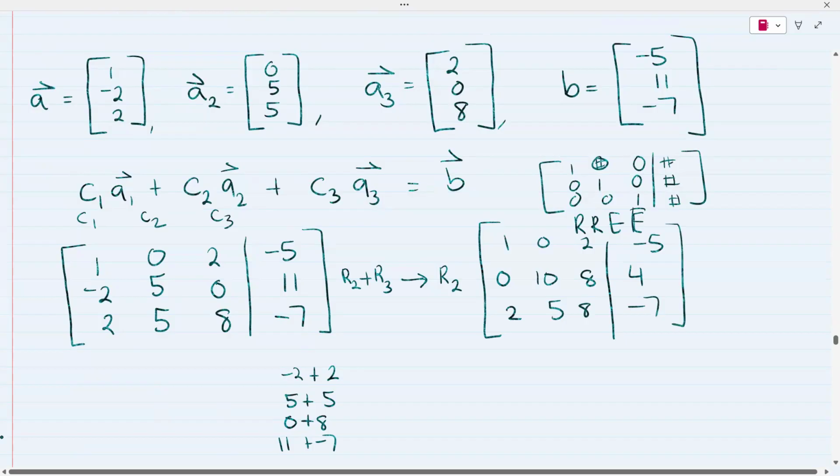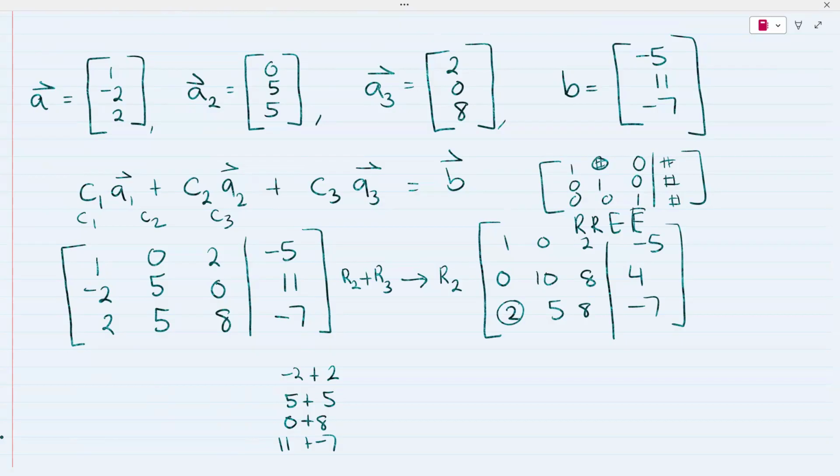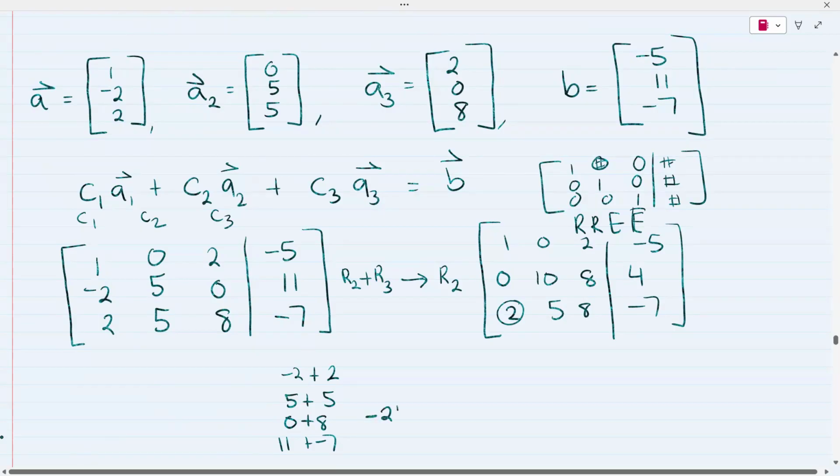Okay, then to get this 2 into 0, I would have to multiply row 1 by -2 and add it to row 3.